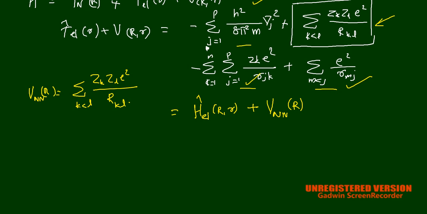The nuclear kinetic energy, electronic kinetic energy, nucleus potential energy, electron nucleus potential, electron electron potential, all these terms come together and make our life very difficult.